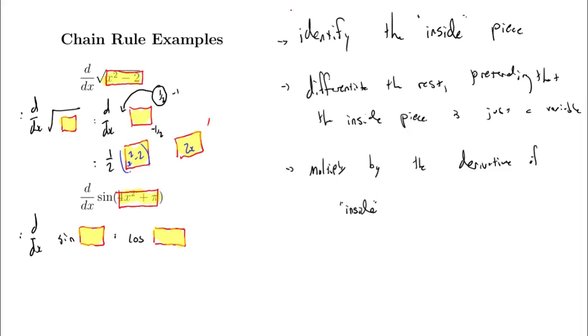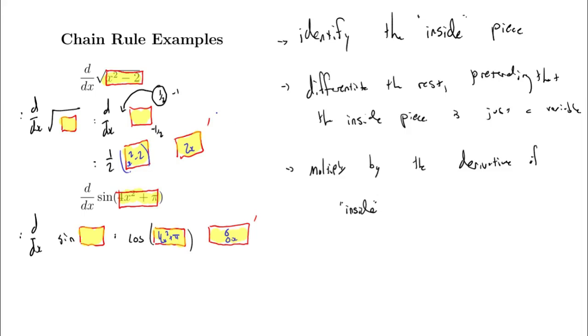But then what we need to do is multiply by our box prime, the derivative of the box. And again, now we can say what was in the box. Well, it was 4x squared plus pi. And so the derivative of that is 8x. And we could do some work rewriting these and things like that.